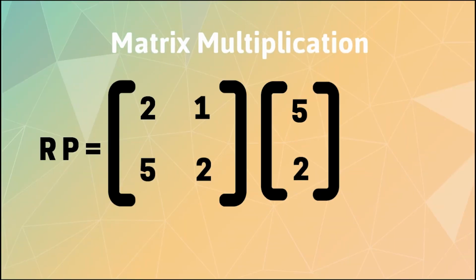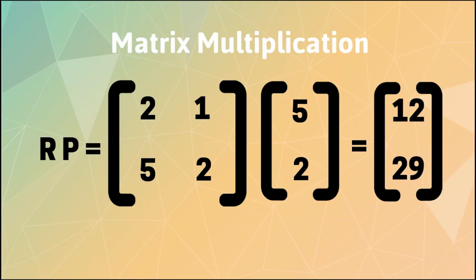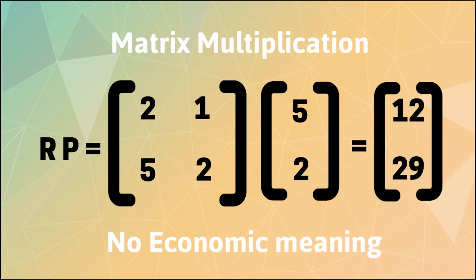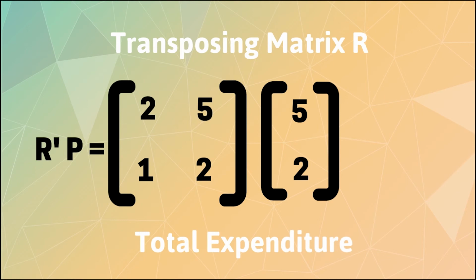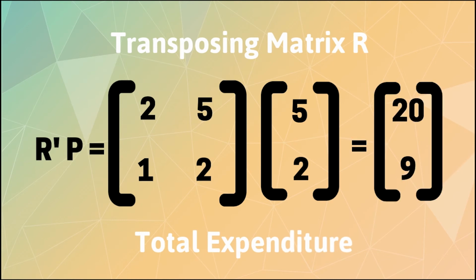Multiplying matrix R by vector P does not have any economic meaning. But if we interchange the rows and columns of matrix R, we get the transpose of R, and then multiplying it with vector P gives R transpose P, that is equal to [20, 9].